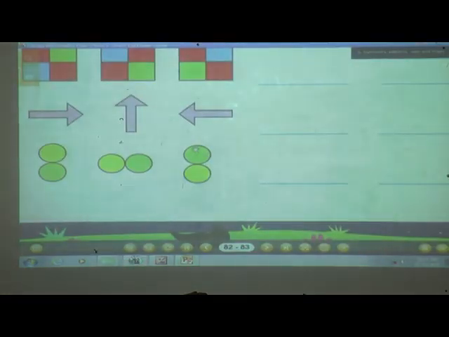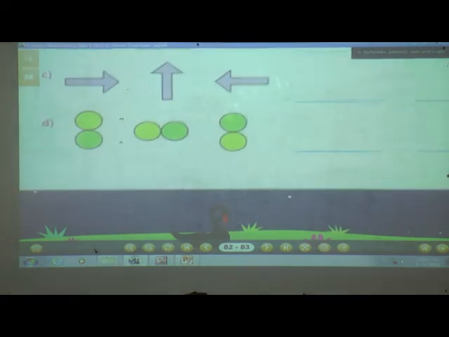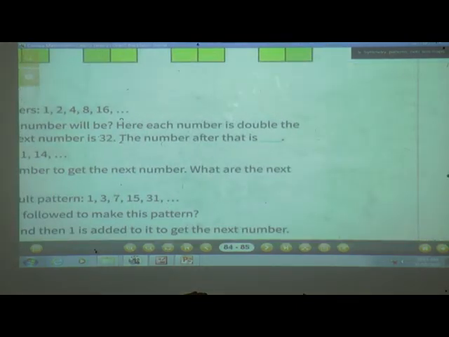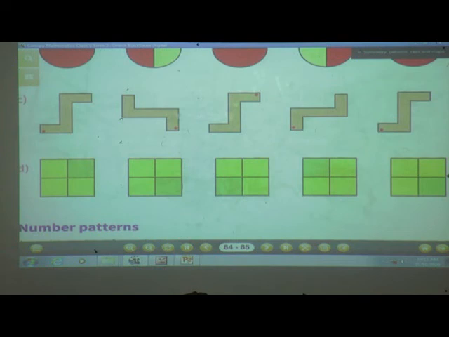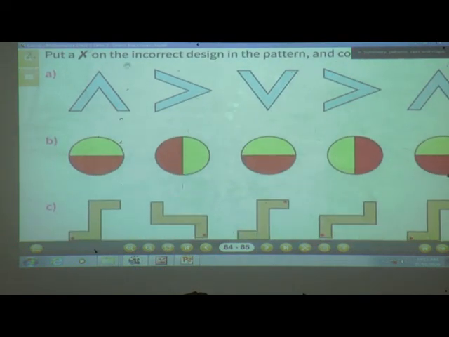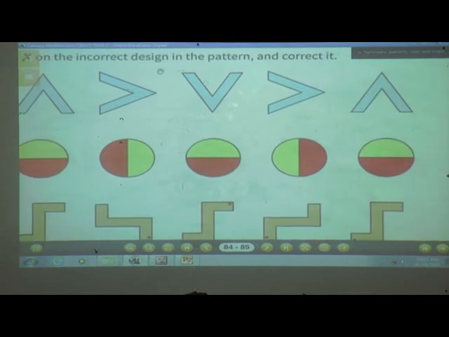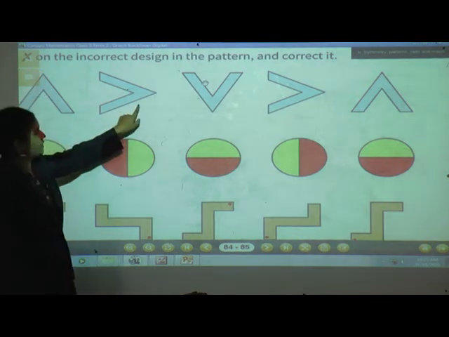Now students, open page number 84. Here number patterns. Before that we'll see exercise 6.3 question number 2. Put a cross on the incorrect design in the pattern and correct it. Now students, see here, the quarter turn of this figure will come like this.